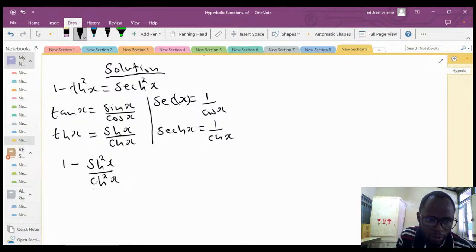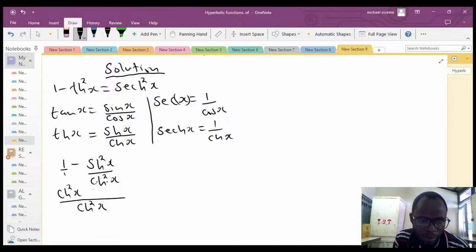The LCM is going to be the cos hyperbolic squared of x, which is just ch squared of x. If I divide ch squared of x by ch squared of x, it will be 1, then multiplied by sine hyperbolic of x, so you're left with 1 minus sine hyperbolic squared of x.